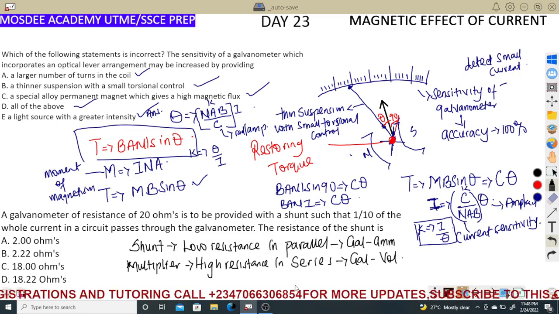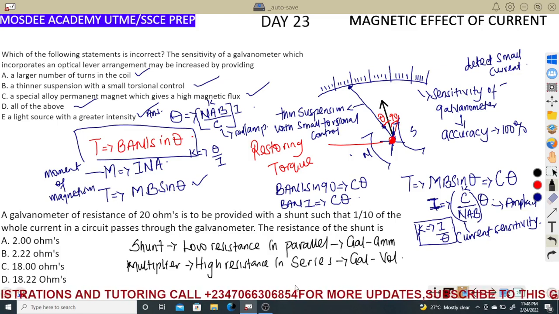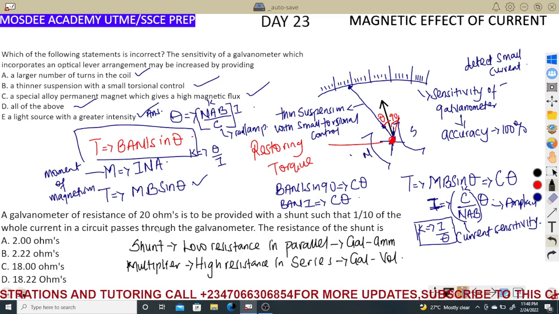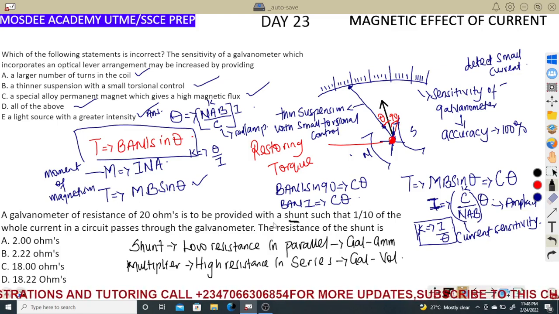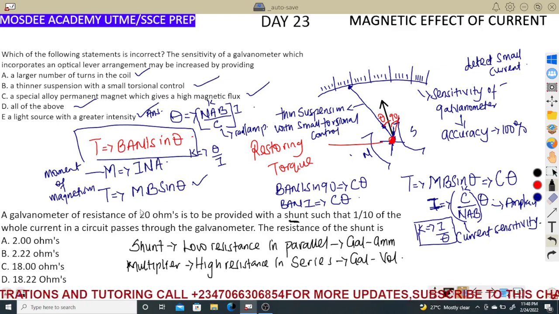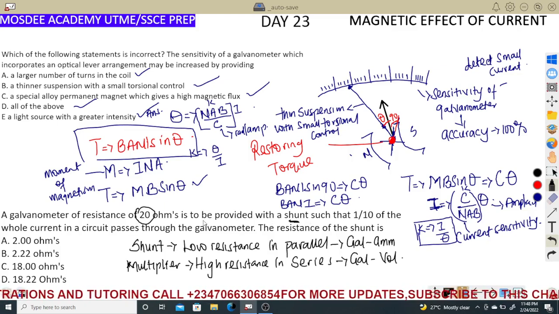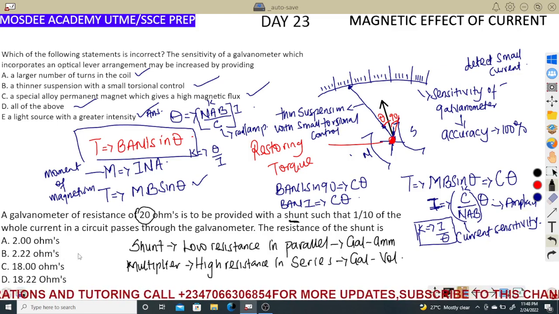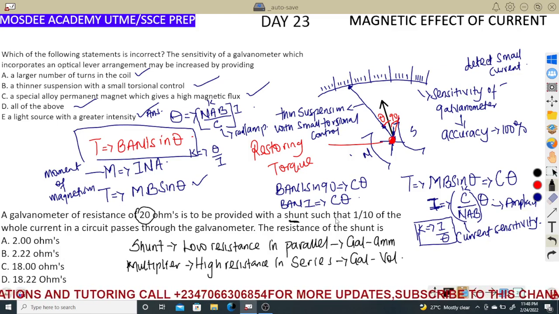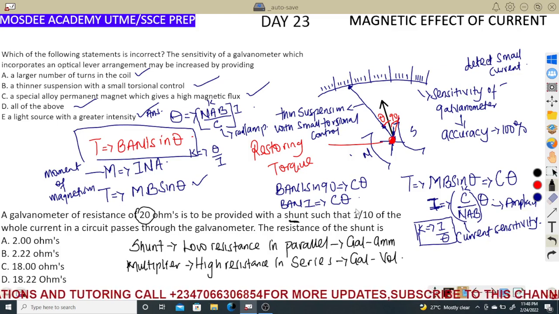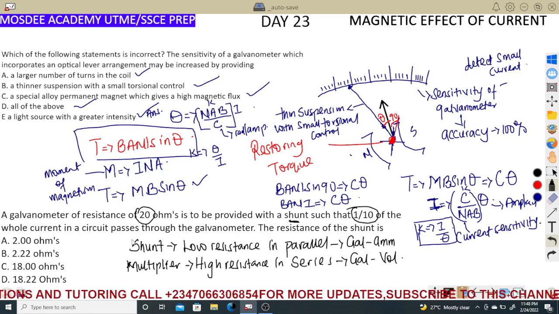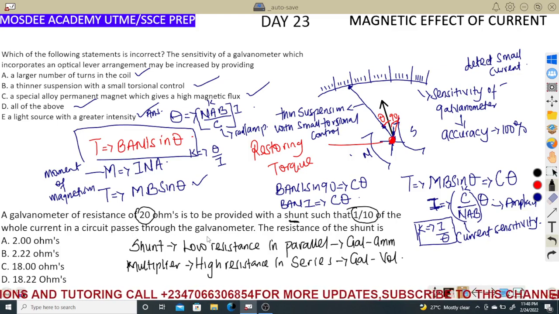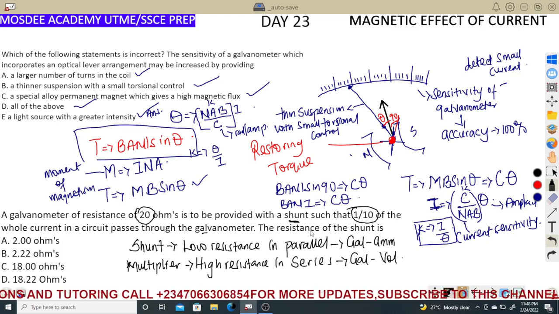Now, in this case, you are using a shunt, so we are converting to an ammeter. The resistance is 20 ohms. Then with a shunt that takes 1/10 of the original current, you have to do a little bit of math. So 1/10 of the current in the circuit is what passes through the galvanometer.